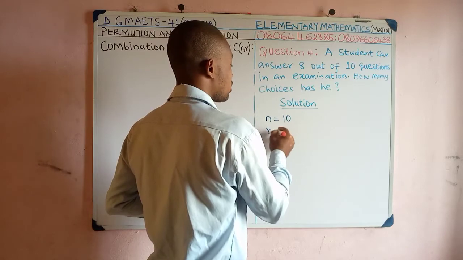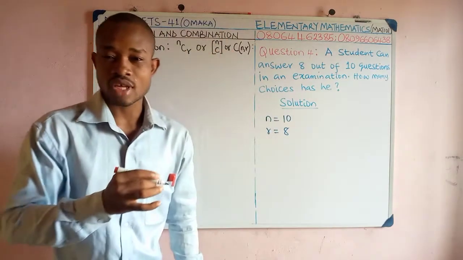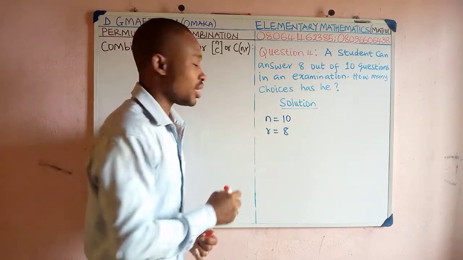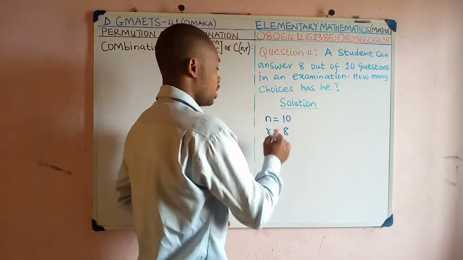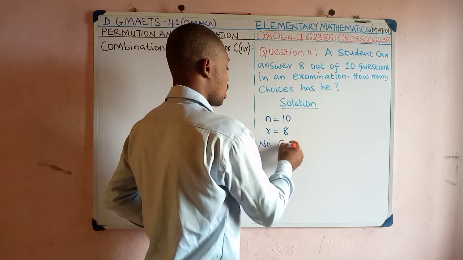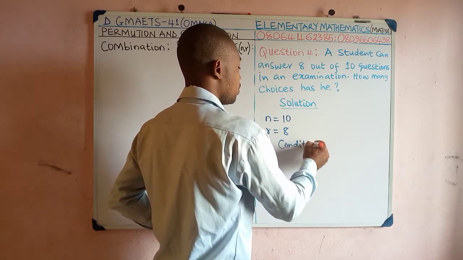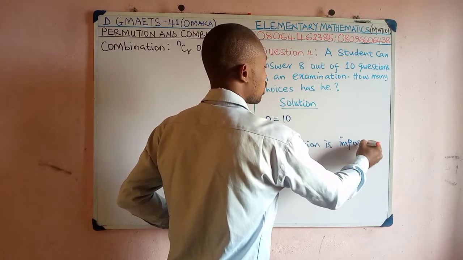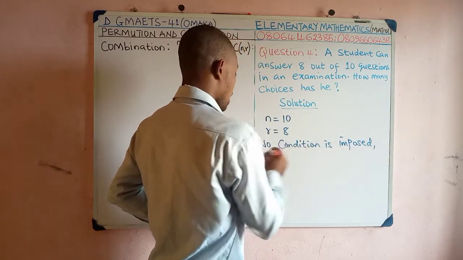Then r is to select 8 questions out of the 10. Are you following? So since there is no condition imposed, we can apply the definition of combination directly. We indicate no condition is imposed.